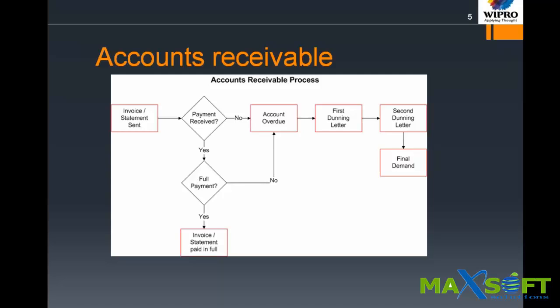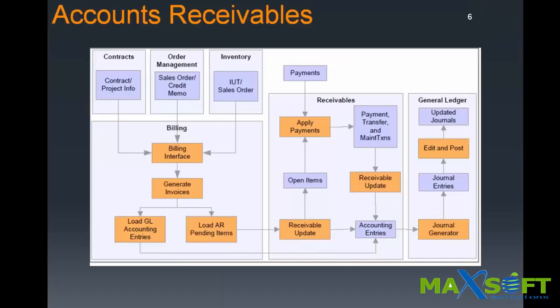One is just for reminding, the second one is somewhat aggressive, and the third one is demanding, like: I have given you the goods, but you have to pay the money, or else we will go for legal notice. All those things will be mentioned in the letter as a demand letter.